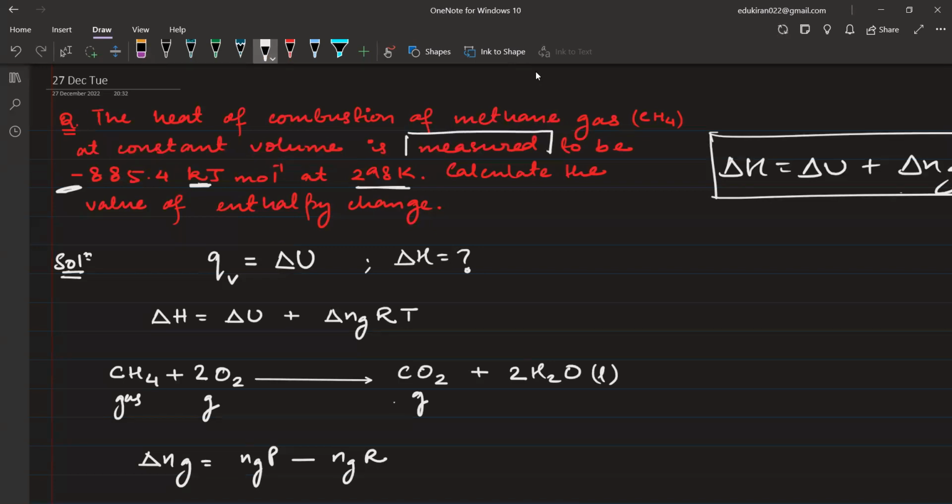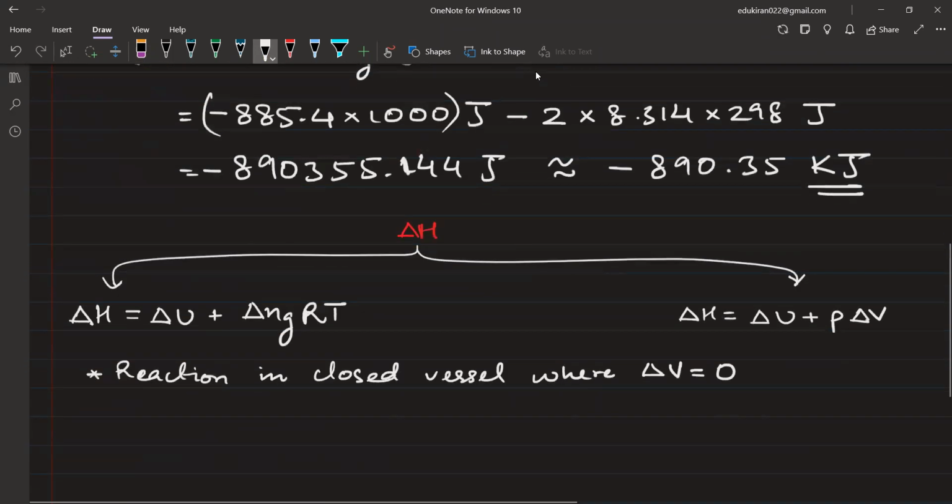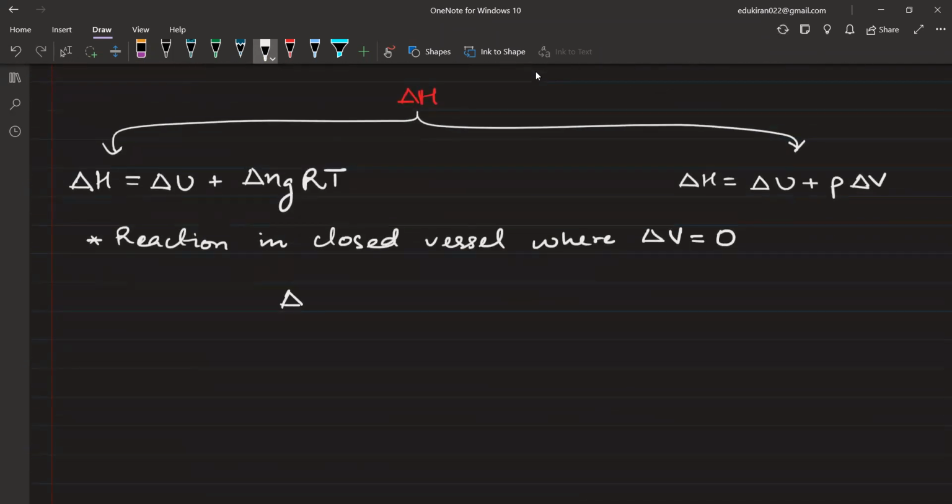It is not saying that we have done it in this particular order, but we have measured the heat of combustion at constant volume. But if this reaction happens in a closed vessel where delta V is equal to 0, then see, here you have delta U, and here we have the P delta V, right? So delta V will be equal to 0. So delta H will be equal to delta U in this case, if you do the reaction in a closed vessel. Right, next.